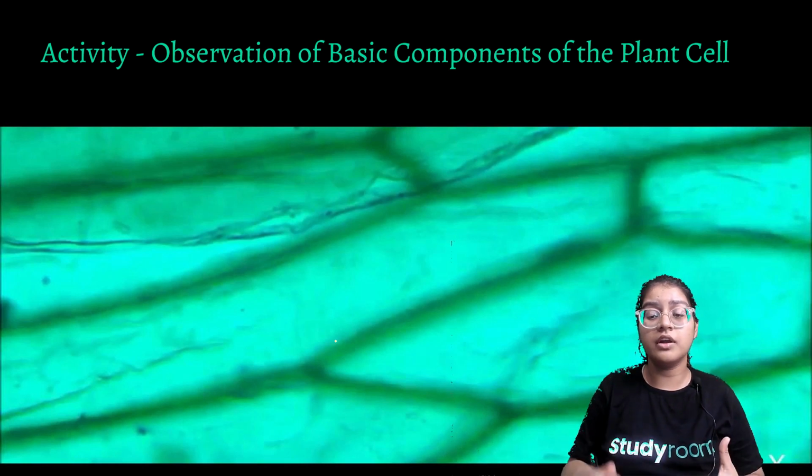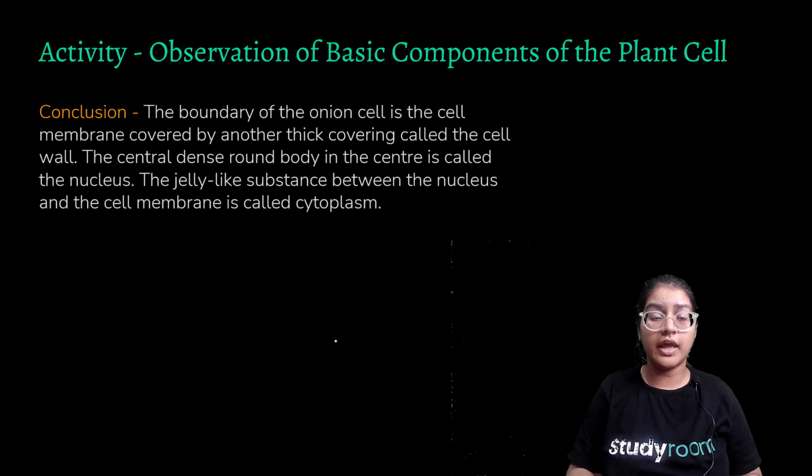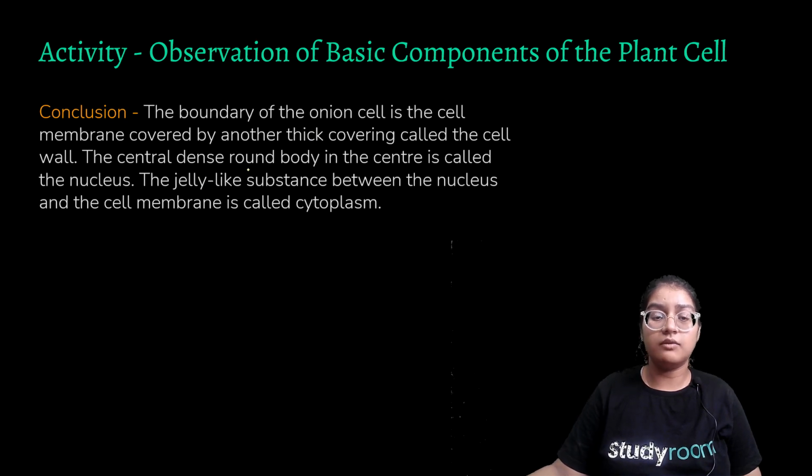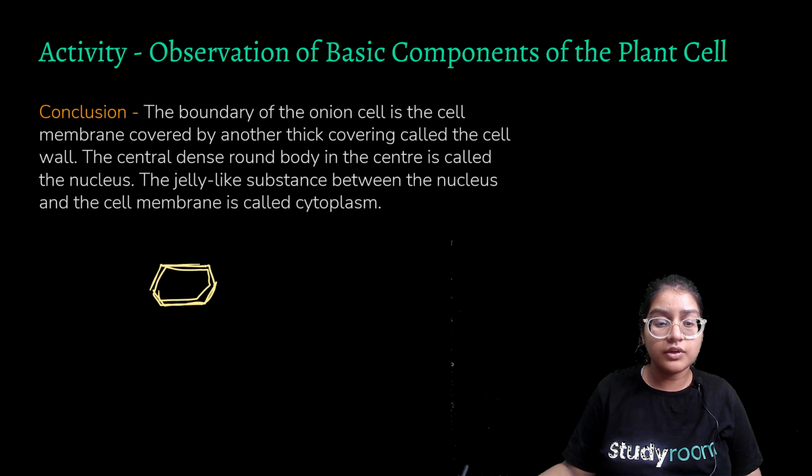So after observing, we have a conclusion here. The boundary of the onion cell is the cell membrane, and it is covered by another thick covering called the cell wall. For example, this is the cell which we saw. The outermost layer, the blackish one, was the cell wall.